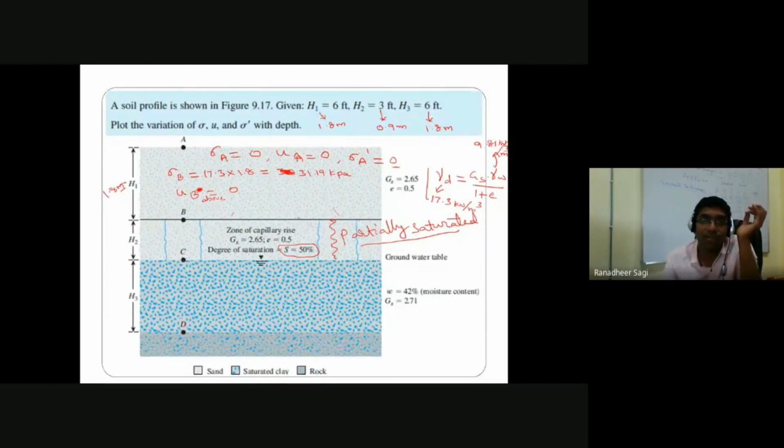But when you try to calculate the pore water pressure slightly below the position of point B, how much does that value come out to be? I have to clearly understand how the pore water pressure varies in that particular case.